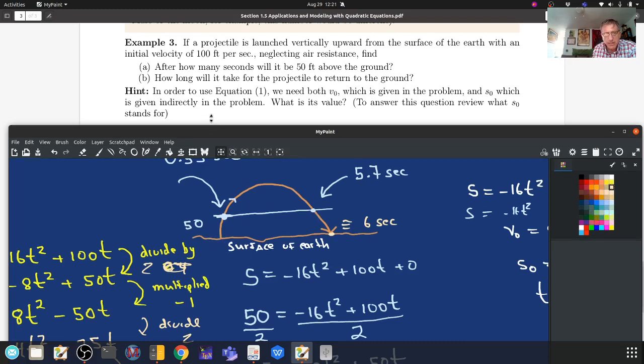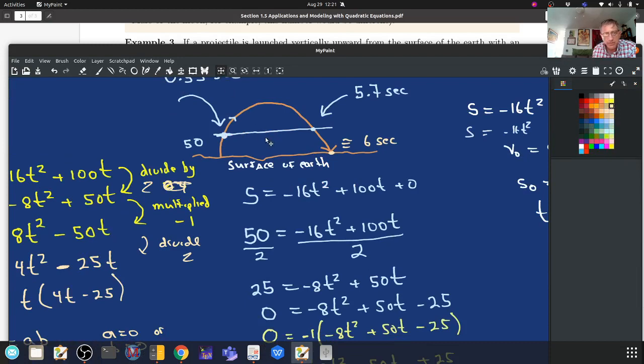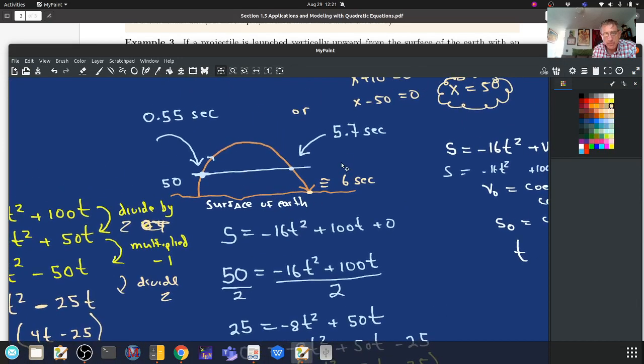But here's the interesting and fun question. Does it take the same amount of time to start from the Earth and make it to 50 feet above the ground as it does when it's at 50 feet to get down to the Earth? And it doesn't, because literally the difference between 5.7 seconds and 6 seconds is 0.3 seconds.